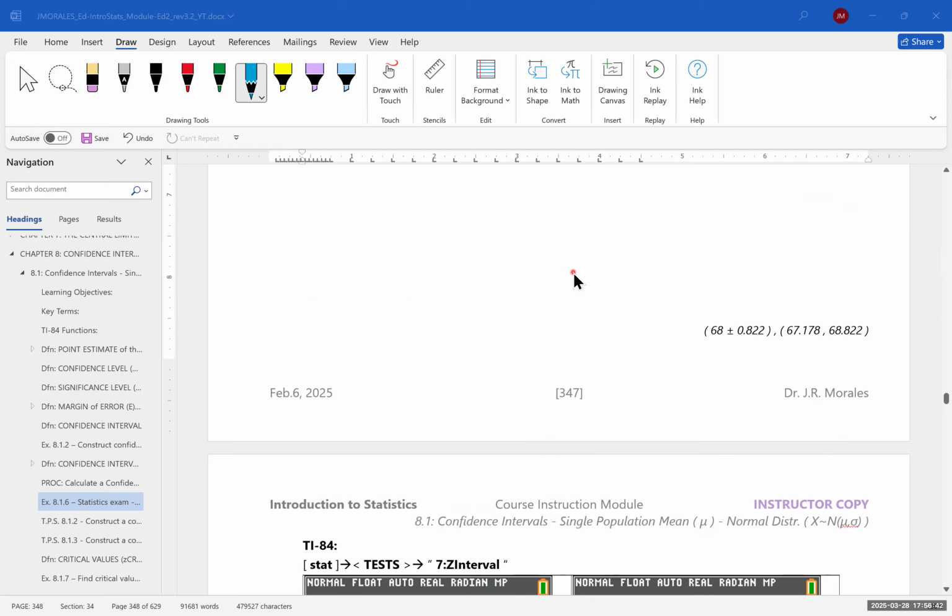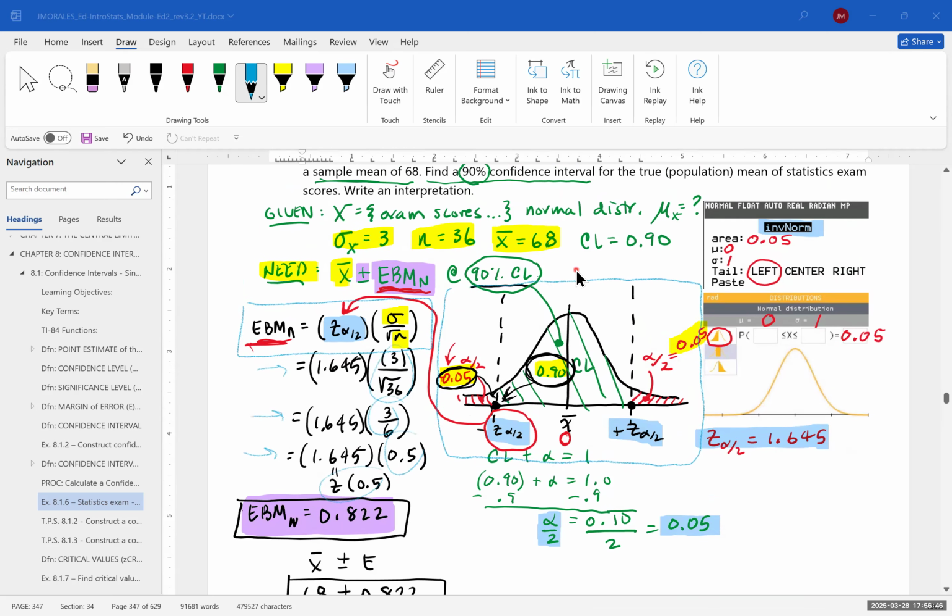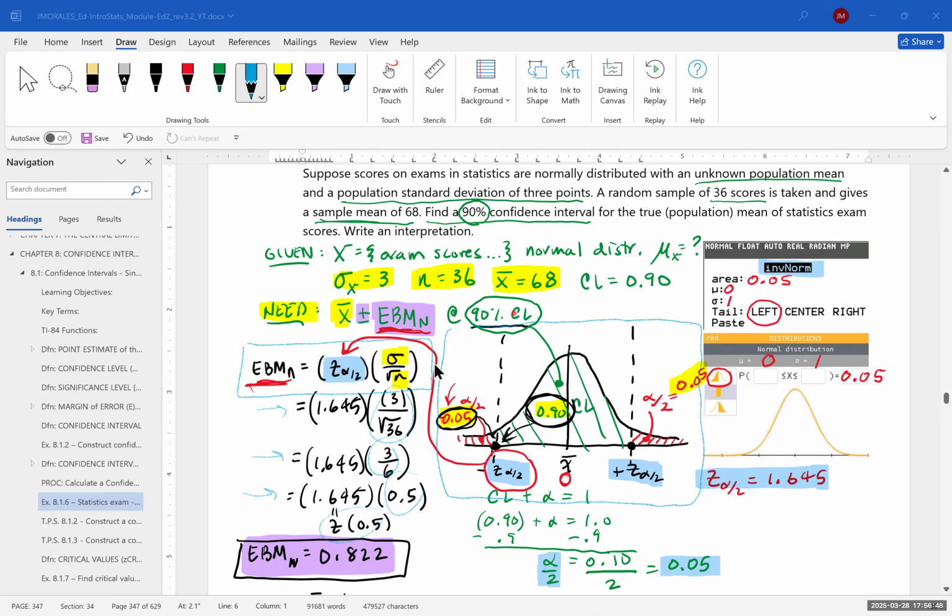Because the central message that you want to continue to imprint on your brain is you want to get really good at visualizing this image of a distribution and these critical values, the significance level and the confidence level on the inside. And the only way that you do that is by doing it, by drawing it and implementing it.